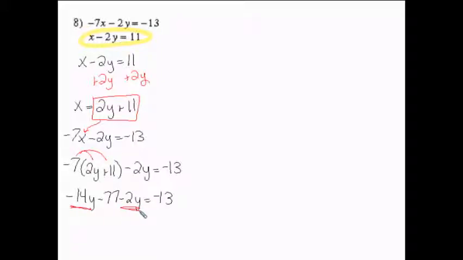Combine the like terms. So negative 14 and negative 2 is negative 16y minus 77 equals negative 13. And since I ran out of room, I'll come up here. I'm going to add 77 to both sides.